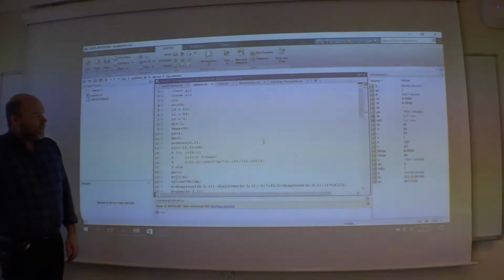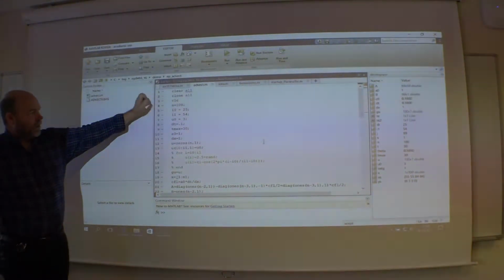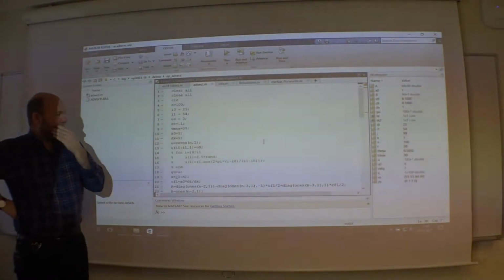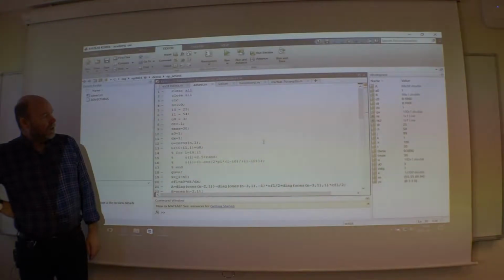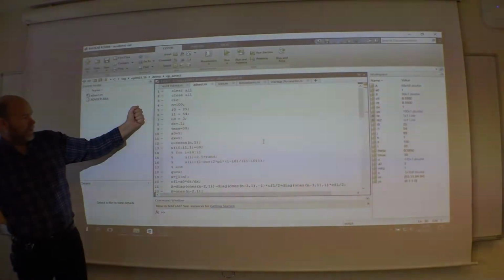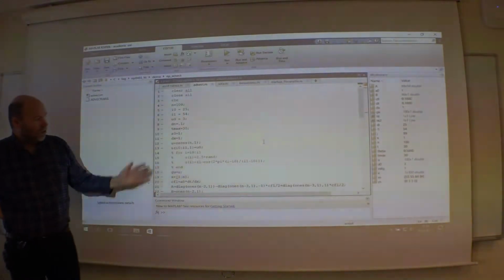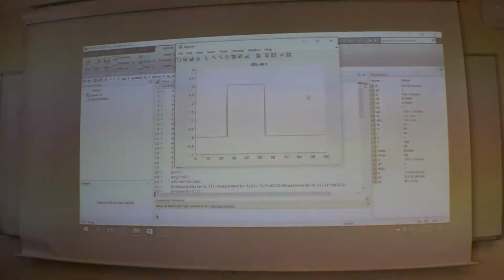Here I have set up a case: 100 points in the x direction, an initial disturbance, and I specify a time step. a0 is 1, and I set dx equal to 1. If I run it, I will have something like this.